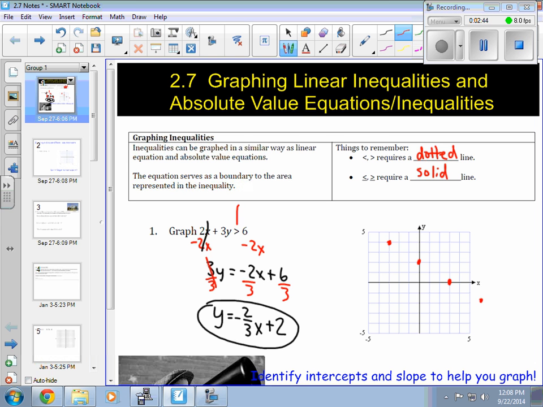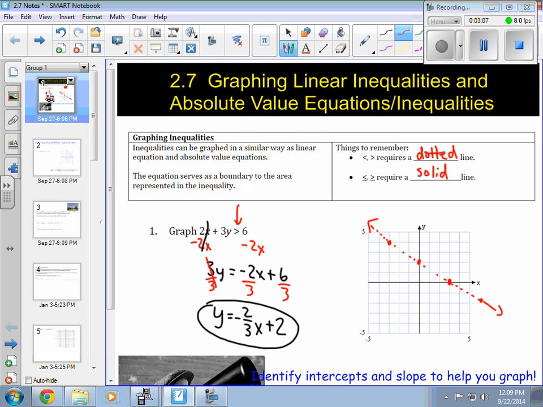Well, looking at the symbol, greater than, it doesn't have the equals to. We don't want to count the points on the line. So we want to use a dashed or dotted line here to indicate that the points on the line do not work.